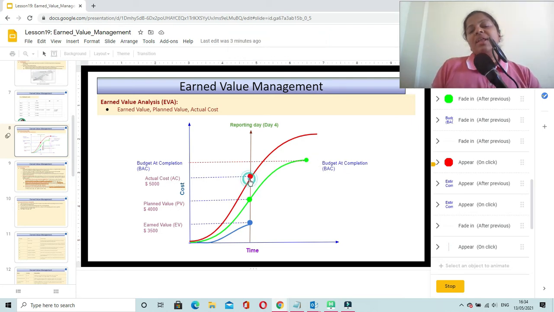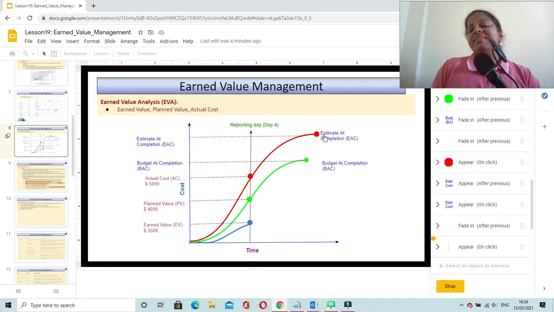And if there are problems in your project and if the team is not efficient, or if more cost is being spent on your project, and if the trend is going to continue the same way for the rest of your project, then you are going to arrive at a point which is known as estimate at completion.